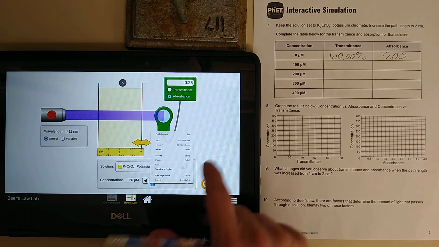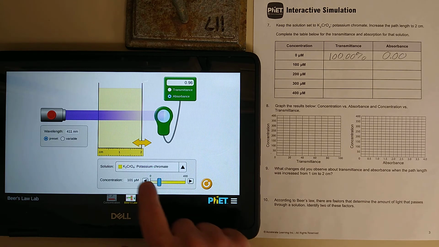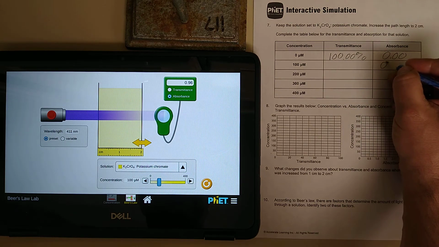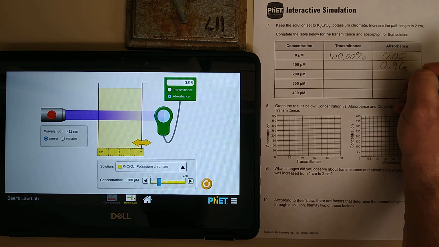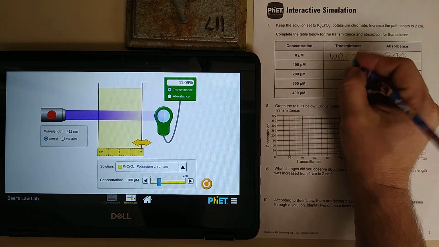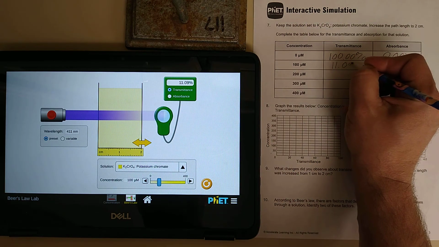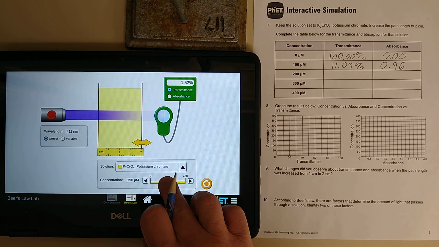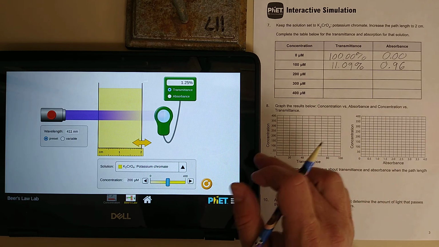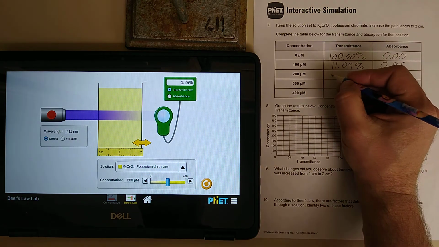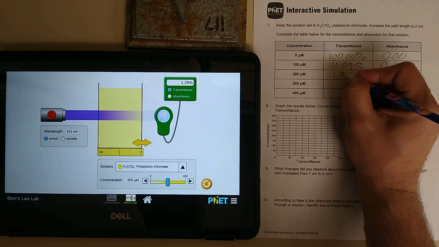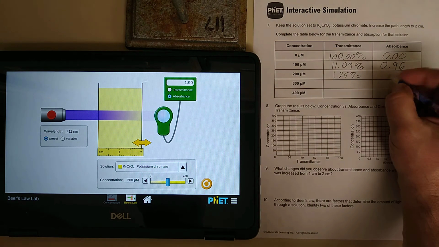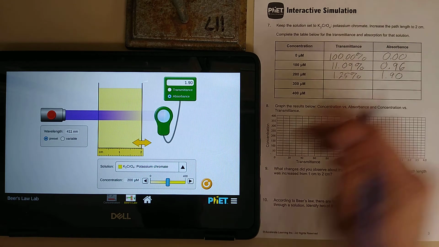Increasing the concentration to 100 gets us an absorbance of 0.96 and a transmittance of 11.09%. Concentration of 200 gets us 1.25% and an absorbance of 1.90.